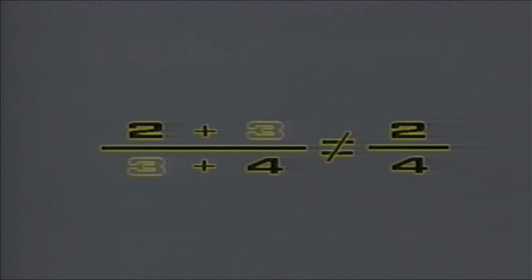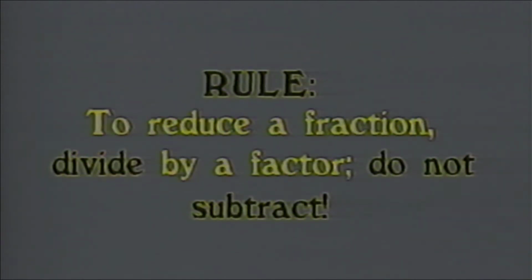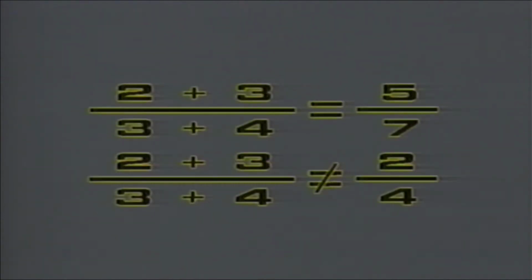That subtracts 3 from the numerator and denominator. To reduce a fraction, we must divide by a common factor, not subtract. 2 plus 3 over 3 plus 4 equals 5 over 7. It does not equal 2 over 4.